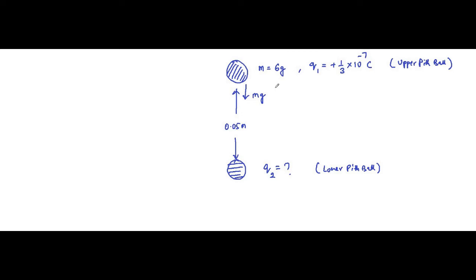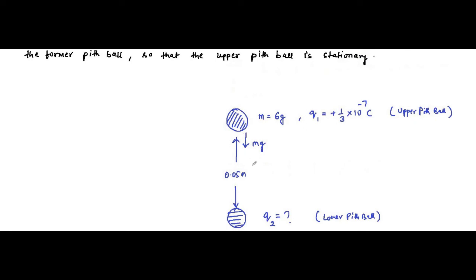Okay, so now in order to stop it from falling down, and we don't want it to move upwards also, we want it to remain stationary. So two forces are acting on this upper pith ball.